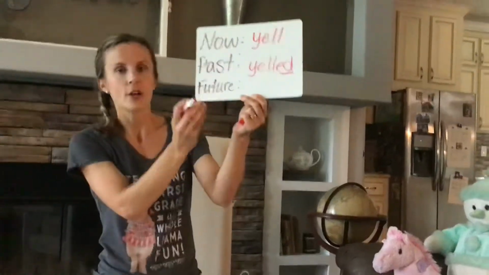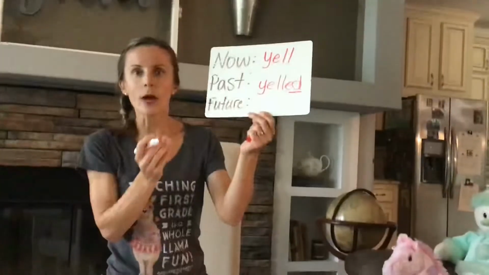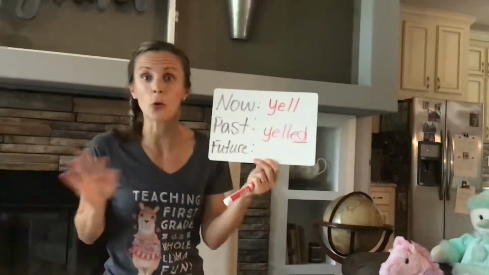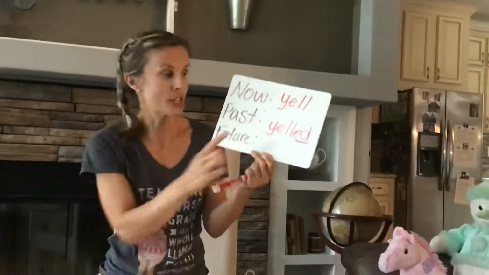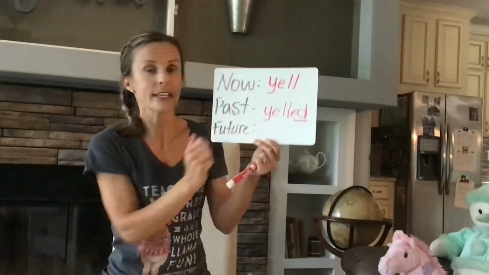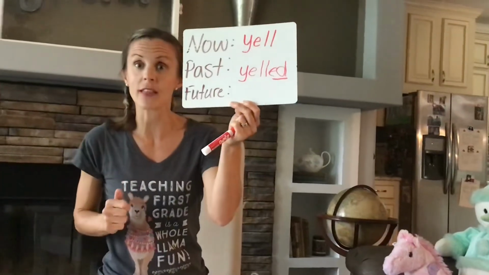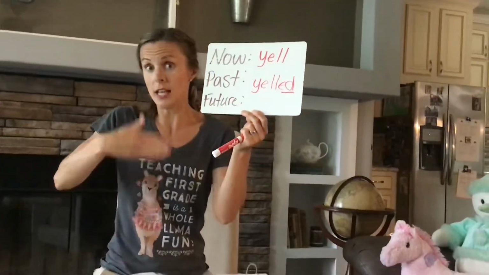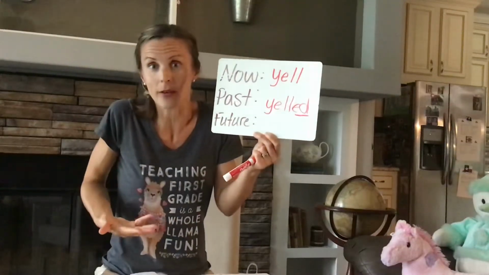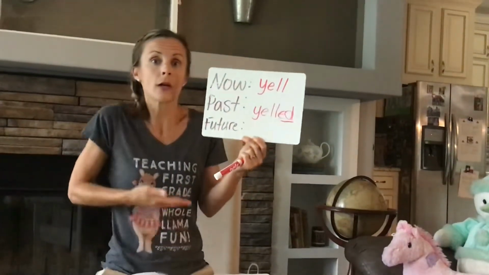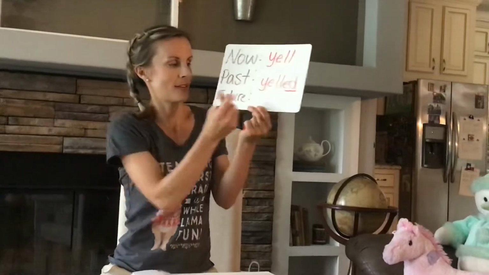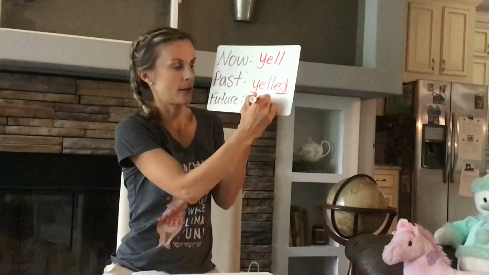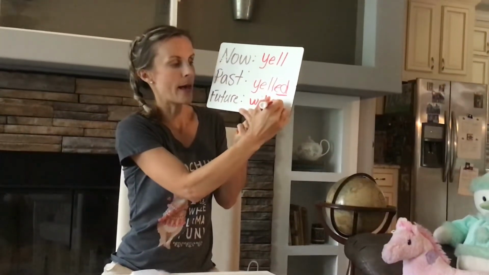How about future? What happens if we pretend that unicorn has never yelled yet? She never yelled in the past. She's not yelling now, but she's going to in the future. What do you think we would say to let somebody know that it's going to happen? Unicorn will yell.